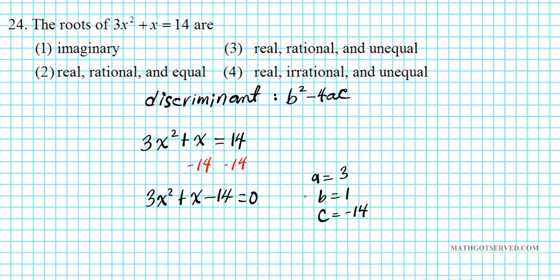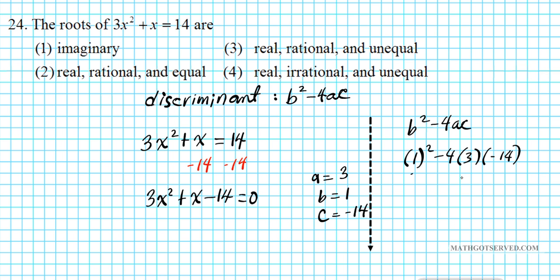Now we're going to compute the value of the discriminant, and that result will help us describe the nature of the roots. So we have b squared minus 4ac. We want to evaluate this expression using these values. So we have 1 squared minus 4 times 3 times negative 14.